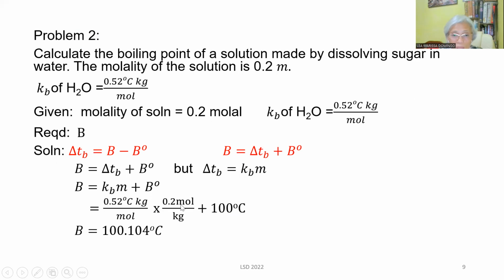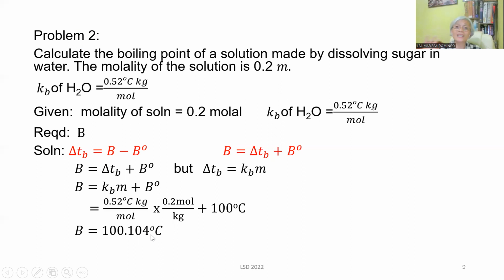Kilogram will divide itself, mole will divide itself. May ano matitira? Degrees Celsius plus degrees Celsius. The unit is degrees Celsius. So we have 100.104 degrees Celsius as the boiling point of the solution. And note that there is an increase, no, from 100 to 100.104.